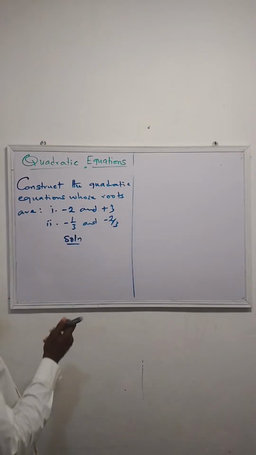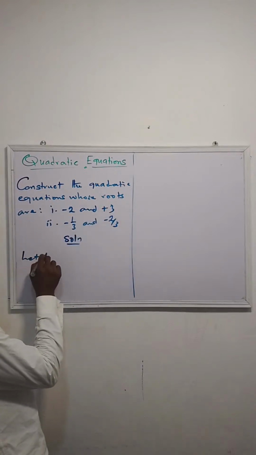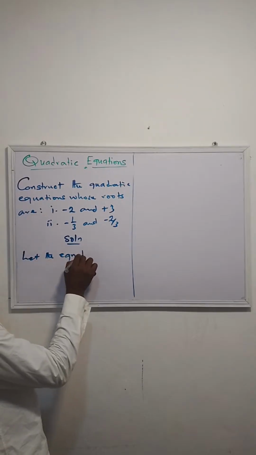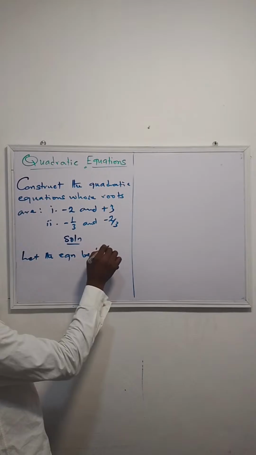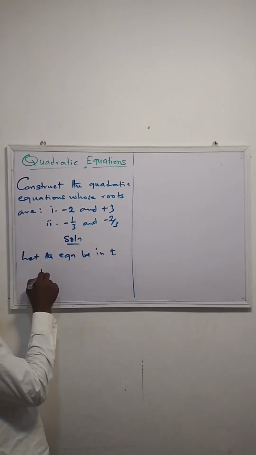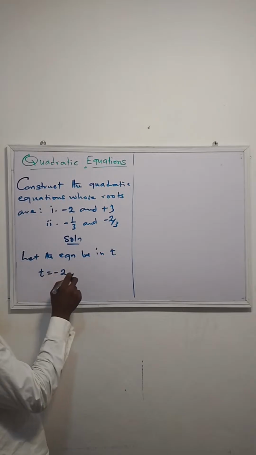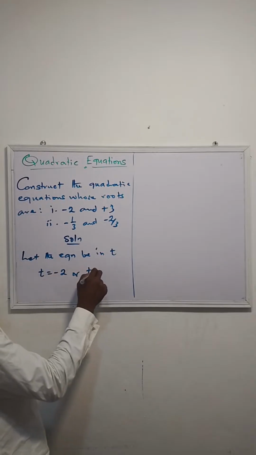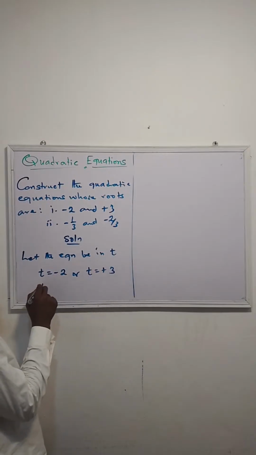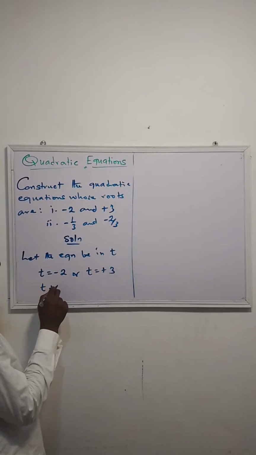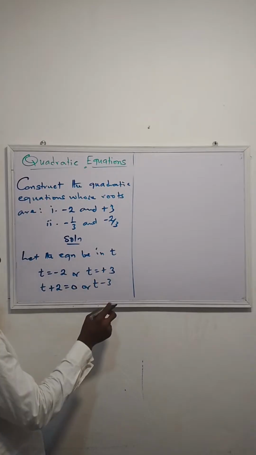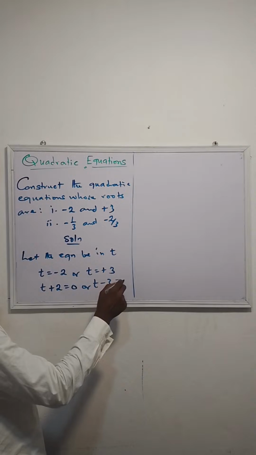So we start by saying, let the equation be in terms of t. So t = -2 or t = +3. Now let's transpose. We have t + 2 = 0 or t - 3 = 0.